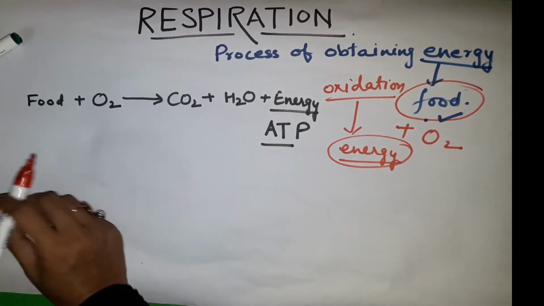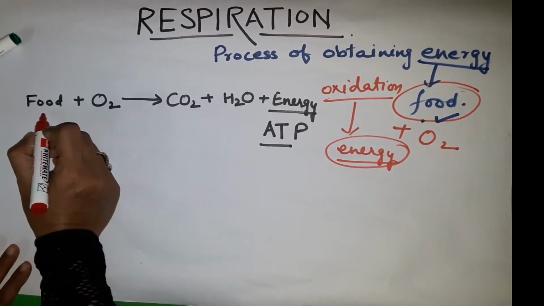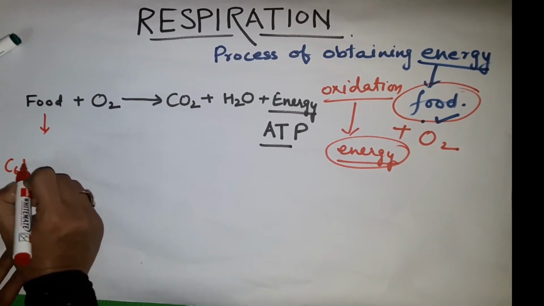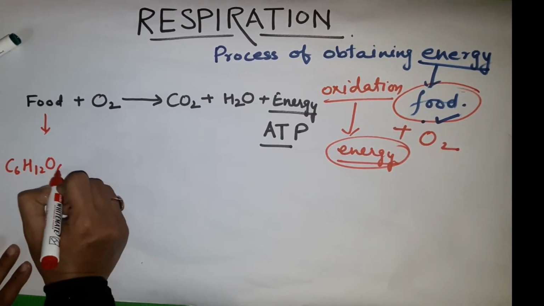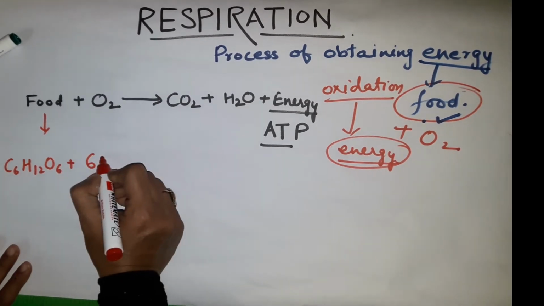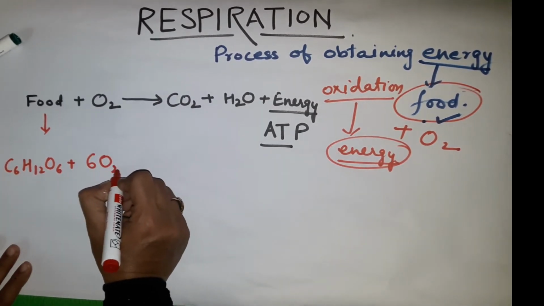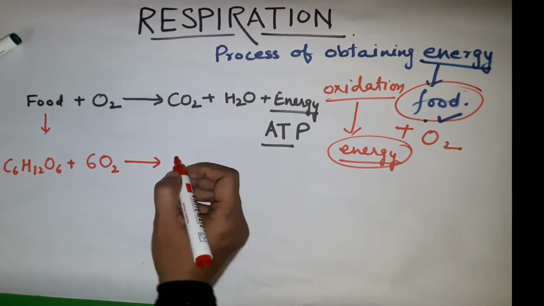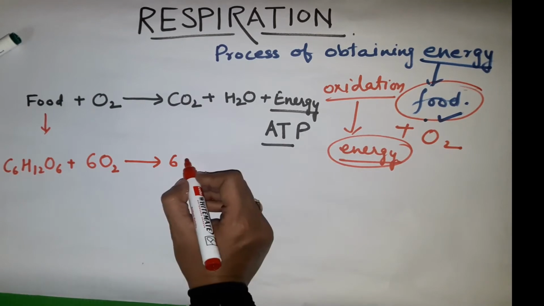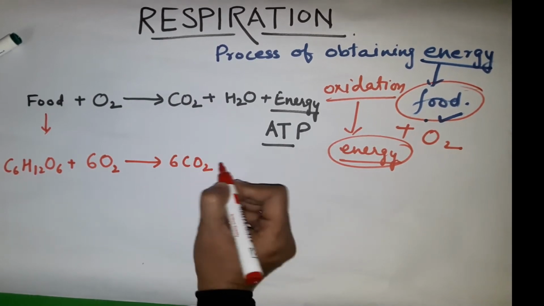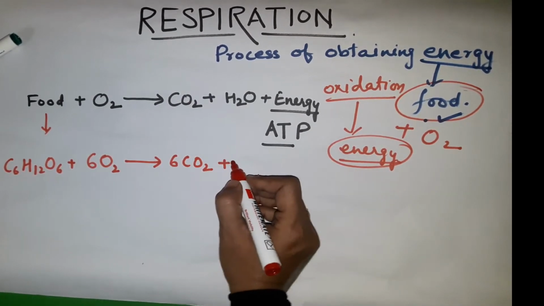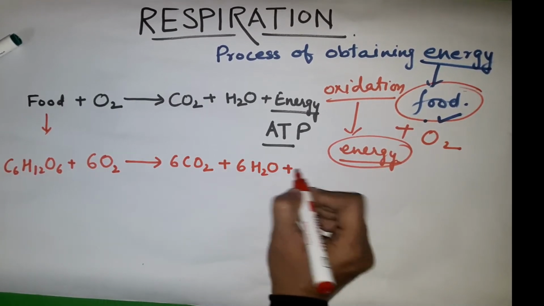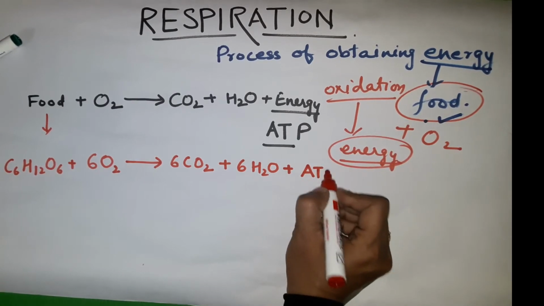Now if we see the balanced reaction, the food is glucose, that is C6H12O6, plus 6 molecules of oxygen, 6 O2, sorry, and the products are 6 CO2 and 6 H2O, and then the energy will be released.